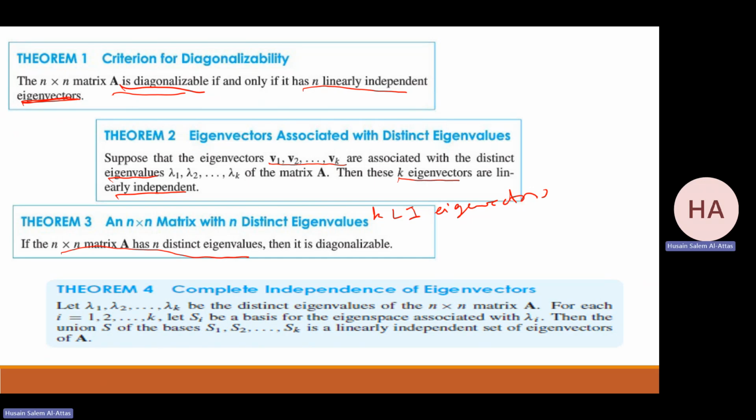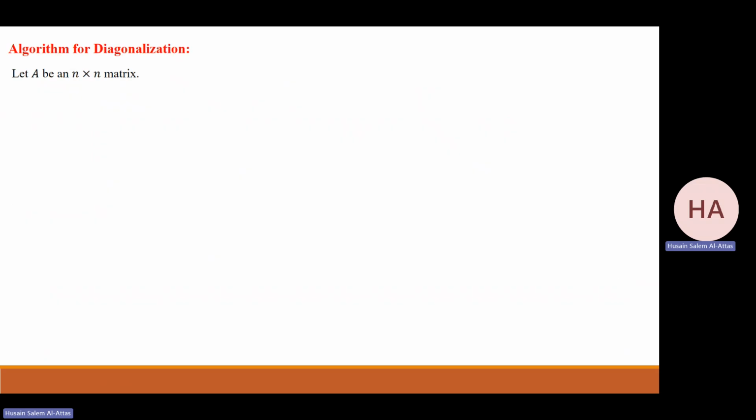So I will find the eigenvalues, and then the eigenvectors. If I count the basis S_i for each eigenspace of lambda i and take the union of all these eigenspaces, and I have n eigenvectors, then the matrix is diagonalizable.